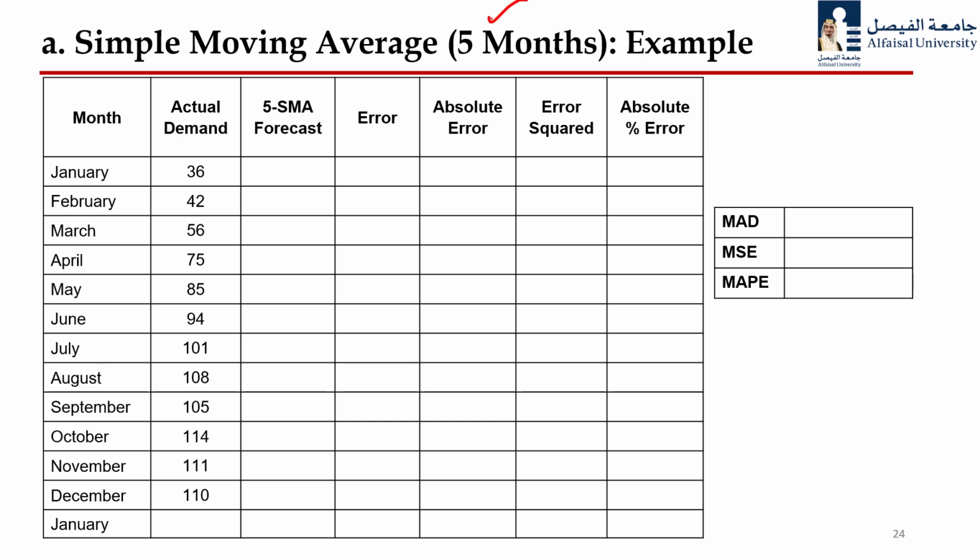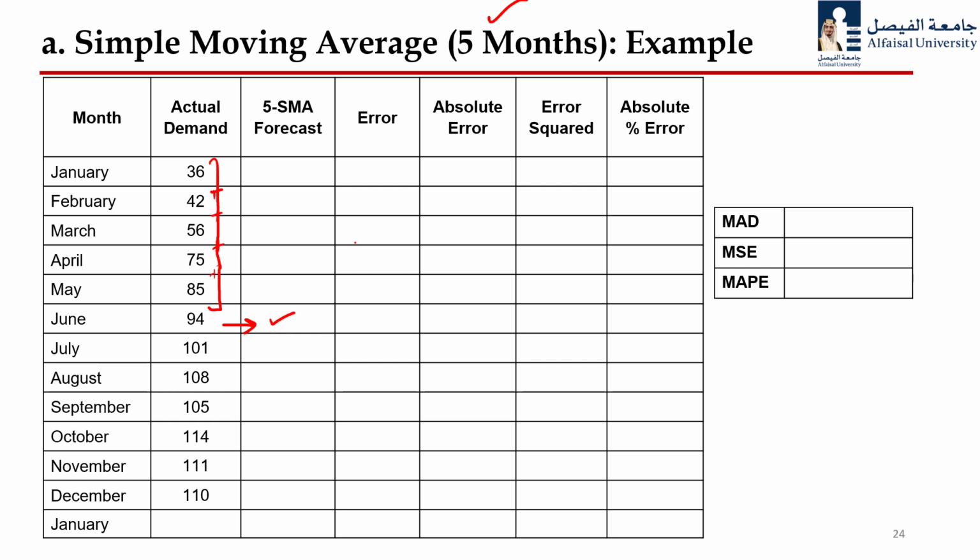I would like to apply a 5 months moving average. Now in order to apply the 5 months, that means the first five values we are going to use to predict the 6th month forecast, which means June's forecast. So this is going to be 36 plus 42 plus 56 plus 75 plus 85 divided by 5.